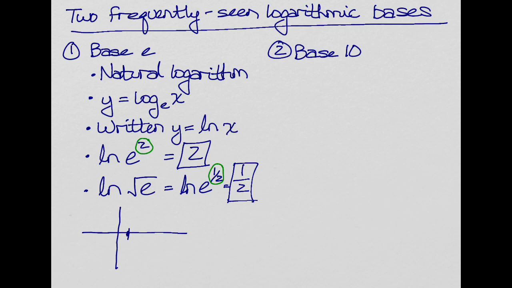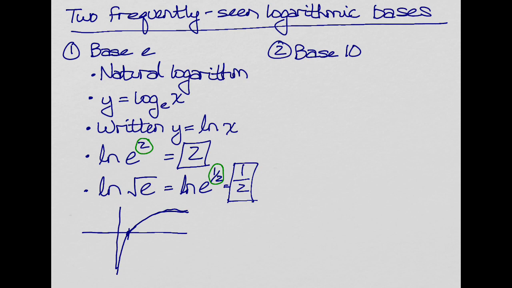It's going to go up a little slower than log base 2 of x and a little faster than log base 3 of x, since e is a number between 2 and 3. And I get the vertical asymptote to the left. There's my graph. So it's just like every other logarithmic function, it just happens to have a base of e.